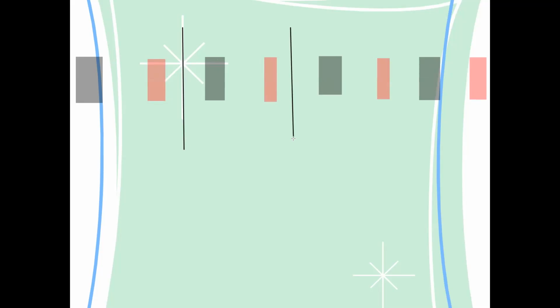For example, these are the magnetic poles. You have a rectangular coil.